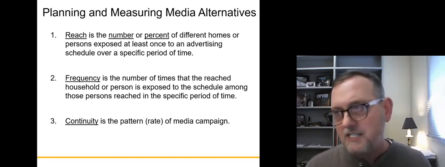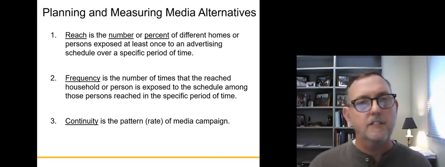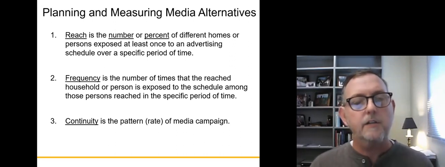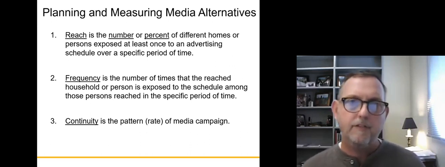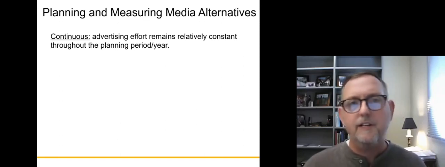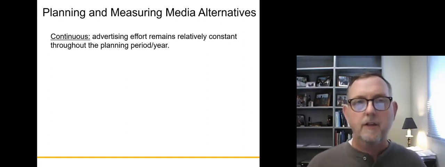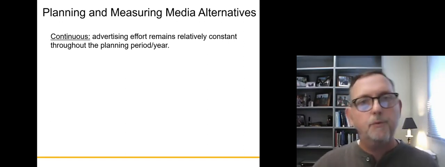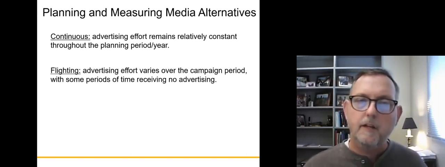The last concept that I want you to know about is something called continuity, or continuousness, and this refers to the pattern of advertising. When we talk about continuity, there are really three different types. One is called continuous, and in a continuous strategy we have advertising happening all the time.